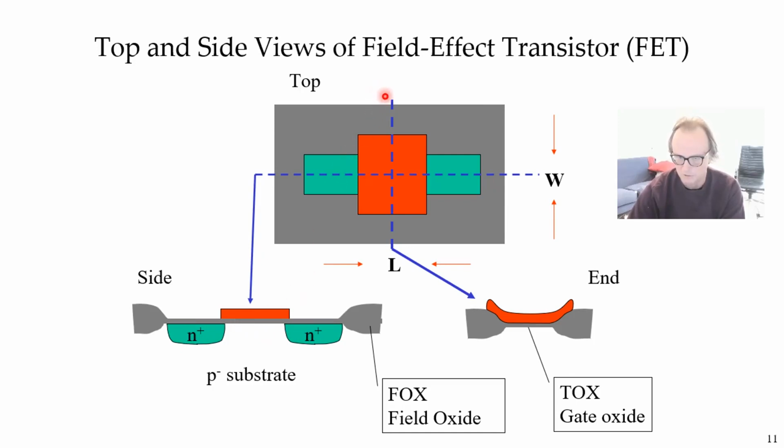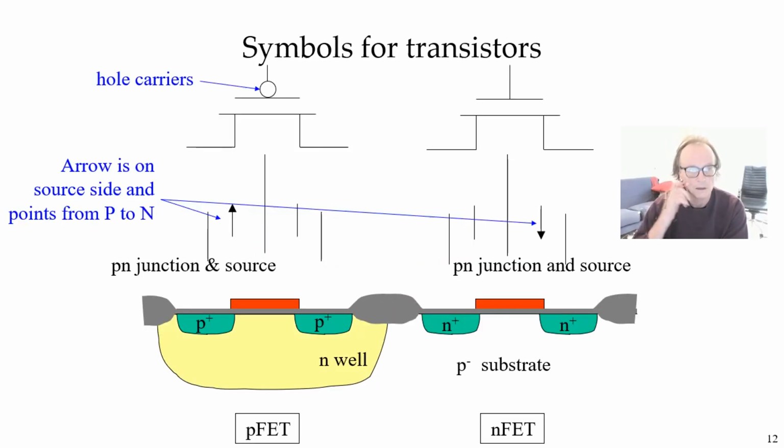But if you look at the view cutting across the transistors, all you're going to see is nothing, except that poly goes over thin oxide where the channel is, and then it goes up where the thick field oxide is. So this is called T-ox, or transistor oxide, and this is called F-ox, or FOX, which stands for field oxide. Okay, so then there's a set of standard symbols for transistors.